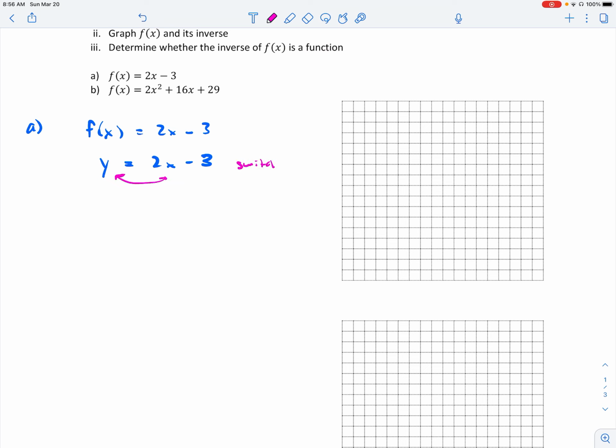We'll say switch x and y. So then we would have x equals 2y minus 3. When we do that switch, and then isolate for y, we're going to end up reversing all the processes on this right-hand side. And when we do that, we're actually undoing the function. So it's setting us up for the inverse.